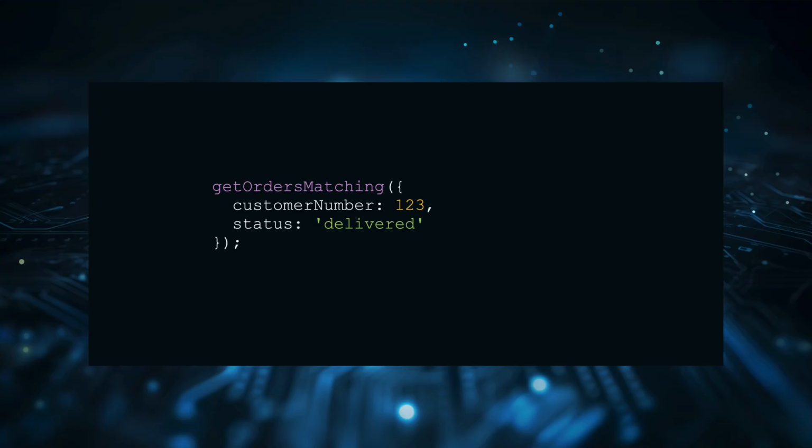But basically what we're doing is, say for example that I'm querying for orders and I want to find all the orders that have been delivered for a certain customer number. Then I can create a specification of what such an order would look like, send that to my find function, and then my function will return the results of the orders that match this specific query.